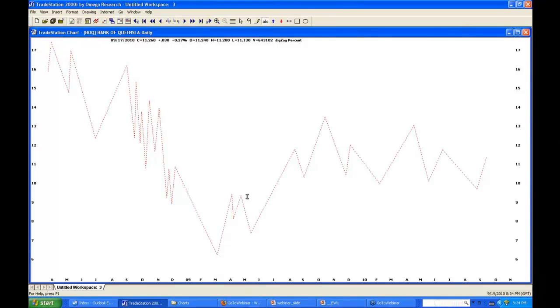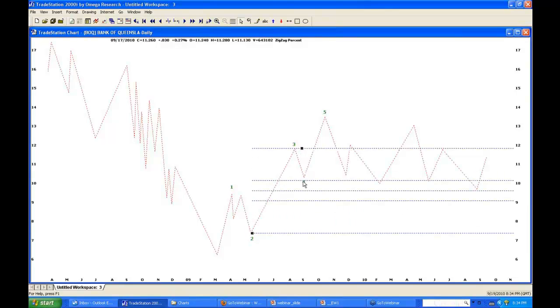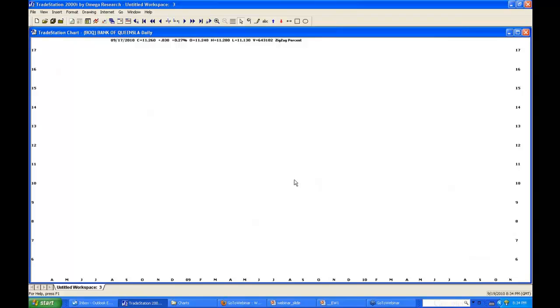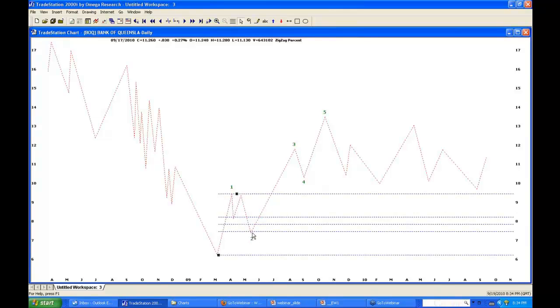That's not helping anyone. So really, again, what we can kind of see here is a 1, 2, 3, 4, 5. If we measure the depth of wave 4, you can see it's pretty shallow. It hasn't tagged the 38.2%, which means it's shallow. Wave 2, on the other hand, let's see how deep that is.